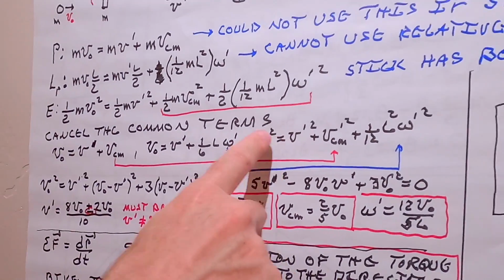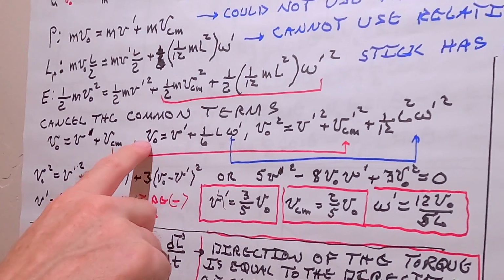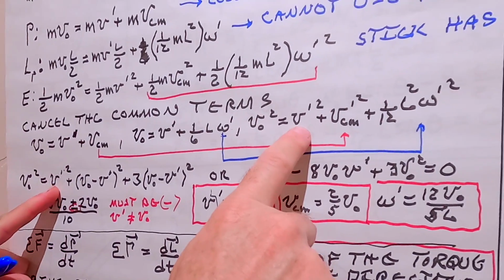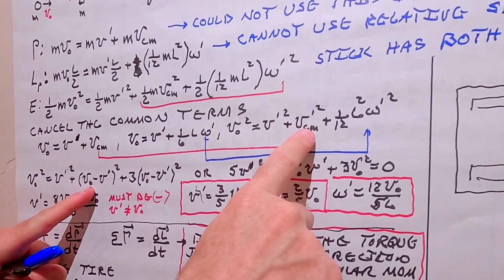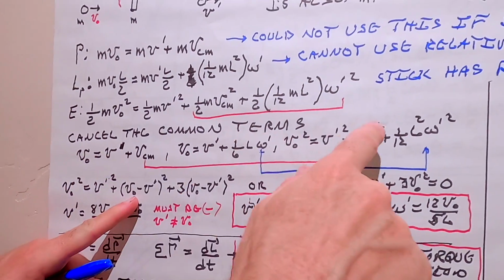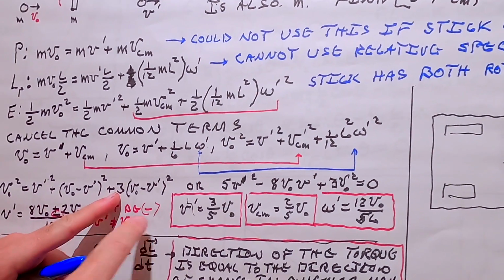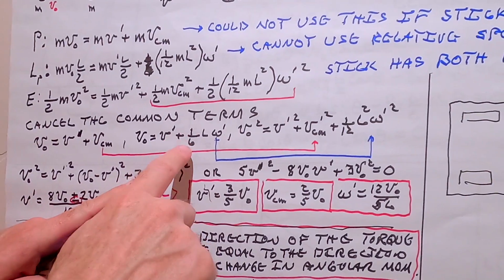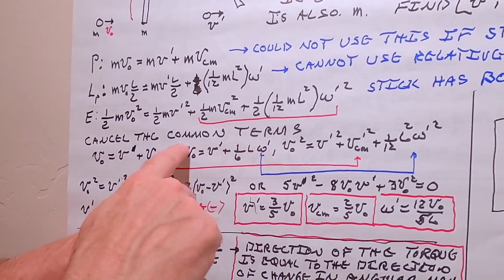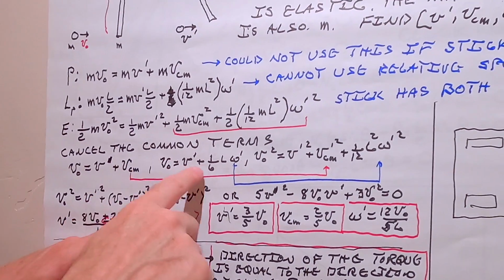So if we do that, we get V naught squared equals V prime squared, and in place of the V center of mass, it's V naught minus V prime, squared, plus, solving for omega prime, we put that over here. It's going to give me a 6.